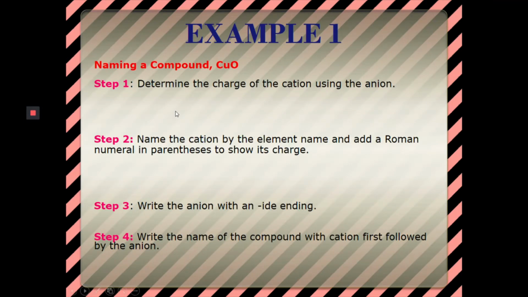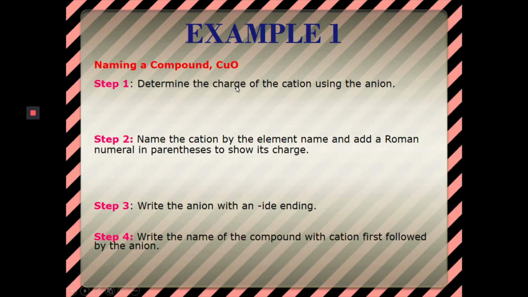For example, here I have CuO. Cu we know is copper, and copper can be copper 1 plus or copper 2 plus. So how are we going to determine whether this copper is copper 1 or copper 2 plus? The first step is we determine the charge of the cation by using the anion.